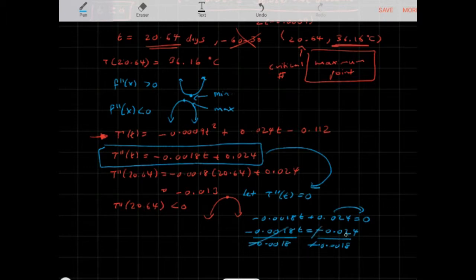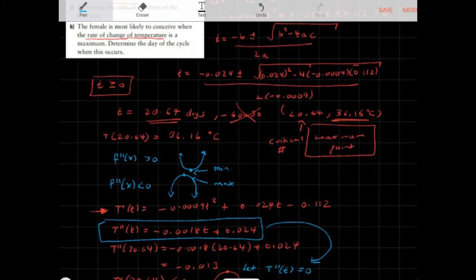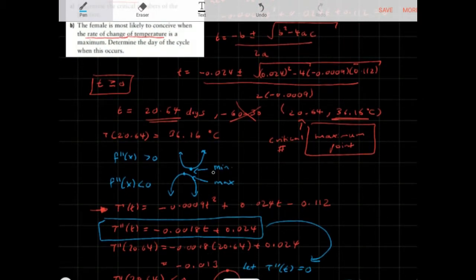When I do that, the negatives cancel out, and therefore t is equal to about 13.33 continuous days, so let's just round it to 13.33. So on the 13th and 1/3 day, you're basically going to get the maximum rate of change.